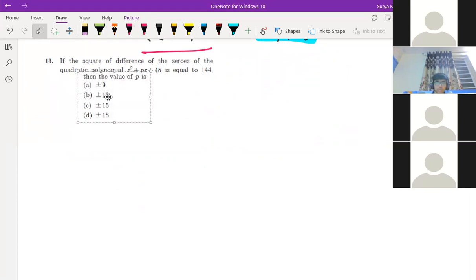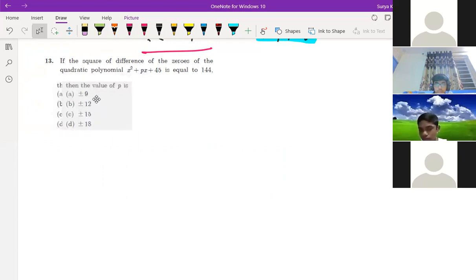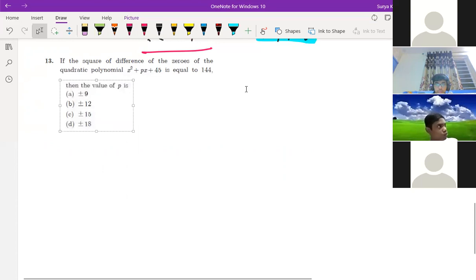Praharshan, others, why are your cameras off? Who can find this answer?